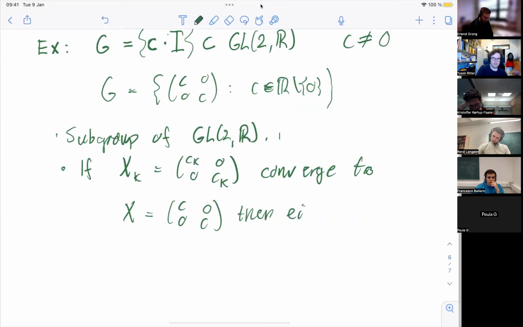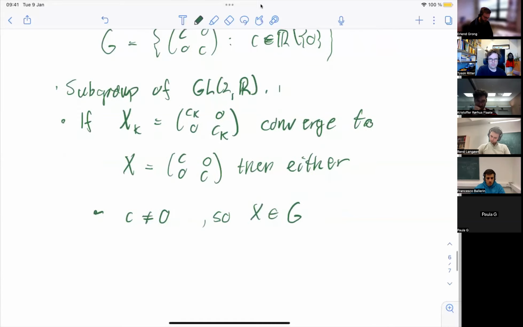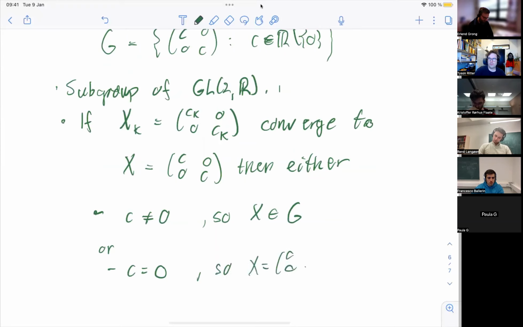Then either c is not 0, so x is in our group G, or c is 0, so you could have a sequence of these matrices, 1 over k for example, converging to 0. But then x would be the matrix of zeros, so not invertible.